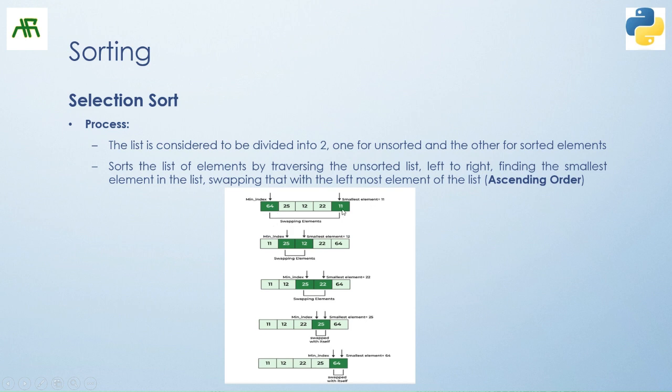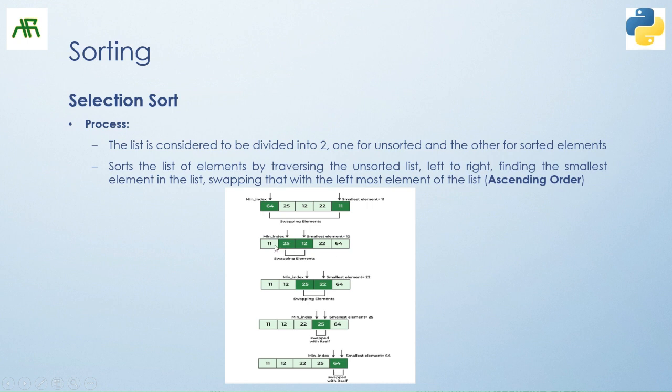And wherever 11 was present, it takes the leftmost element that is presently there and puts it where the smallest element was present earlier. In the second pass, remember, whatever was found as the smallest element and placed in the leftmost position will be ignored. So in the rest of the elements, while traversing, 12 happens to be the smallest, so that will be placed in the new left position of the current list.